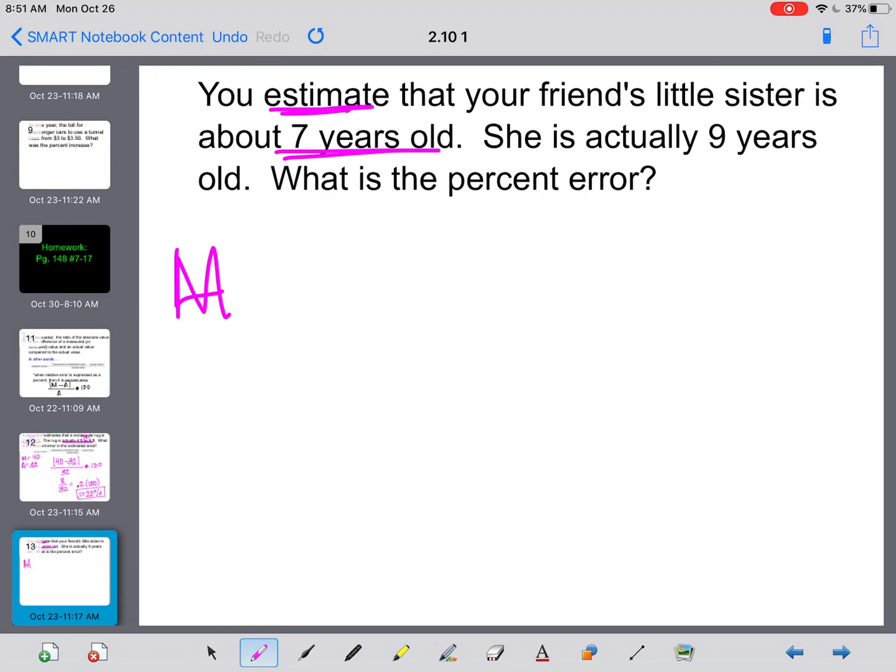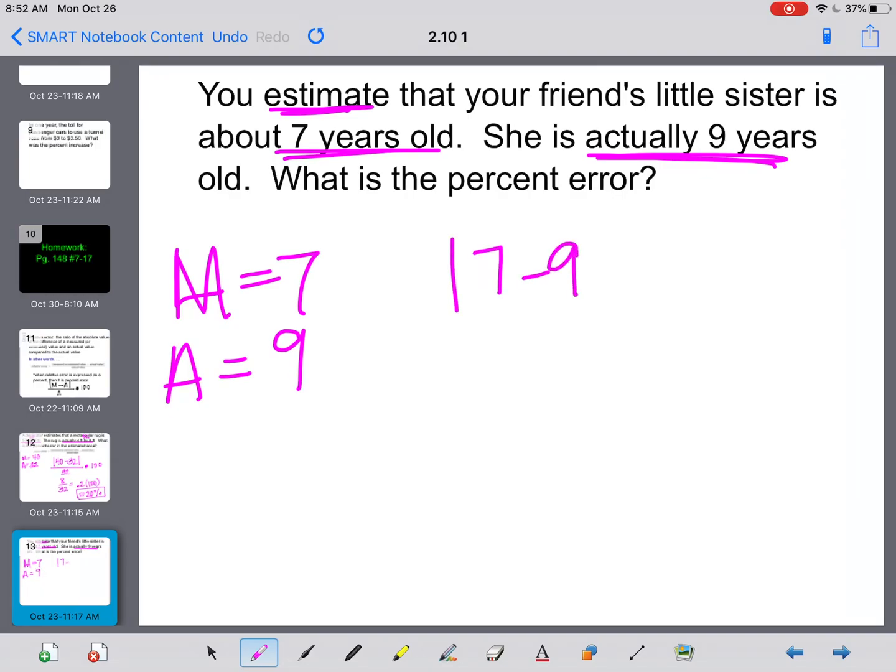You estimate that your friend's little sister is about 7 years old. That's an estimate, so that is the M. And she's actually 9 years old, so the A is 9.